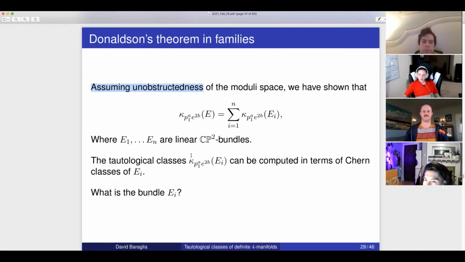So what are these bundles? What are these linear bundles? For that you have to look at the deformation theory of the instantons around the reducibles.